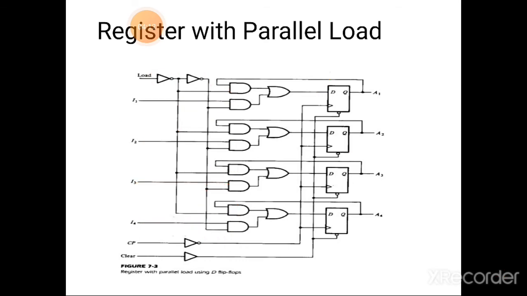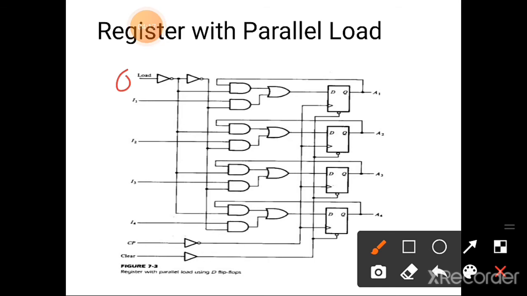Then when the load input is 0, what will happen? The circuit input here activates the first AND gate in each flip-flop. So here the circuit inputs are inhibited, and the D flip-flop is reloaded with the present value.